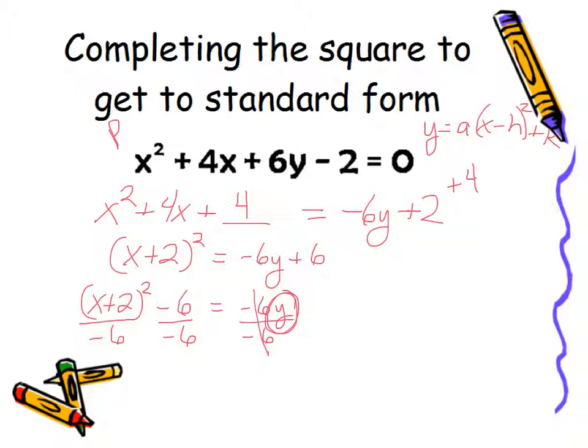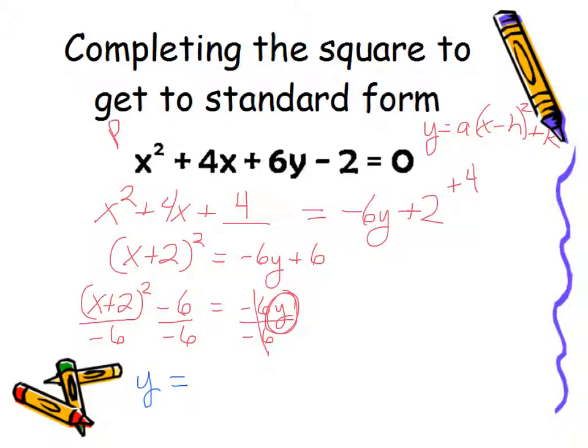Now I'm kind of a fan of having that y over on the left side, so I'm going to swap this whole mess. I'm going to put my y on the left. So it's going to be y equals. Okay, the next thing that's kind of weird is this mess right here. We don't have a fraction like that on our squared term. But what this fraction actually represents is my a value.